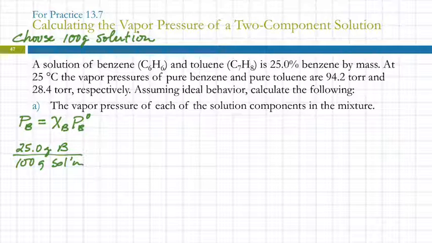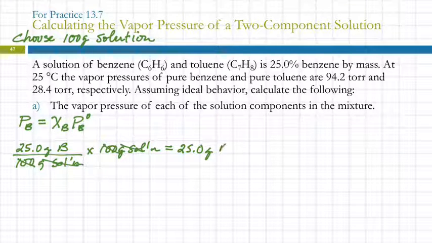So there's that percent, and if I multiply that by 100 grams of solution, the grams of solution cancel out, the hundreds cancel out too. In 100 grams of solution, I have 25.0 grams of benzene. Just calling it B. Could I convert that to moles? Sure. Just need the molar mass of benzene. Grams, moles.